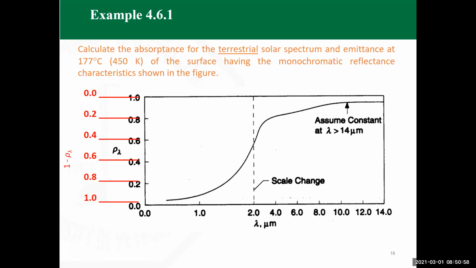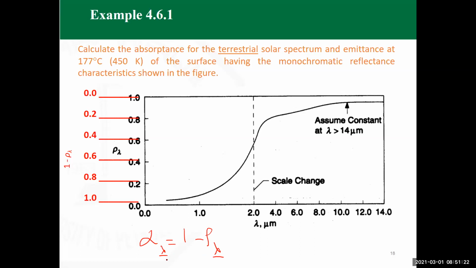And we know that the emissivity or the absorptivity is basically equal to 1 minus rho. This is applicable on a monochromatic range, or it's given for the total range of the wavelength. The same thing applies for the emissivity, as the emissivity is equal to the absorptance based on Kirchhoff's law.